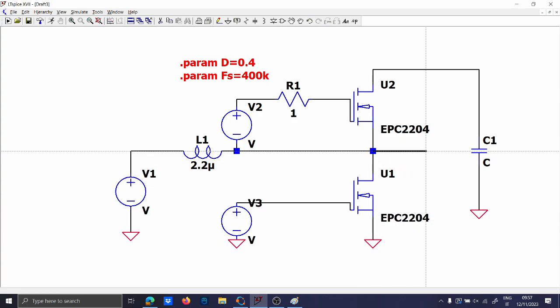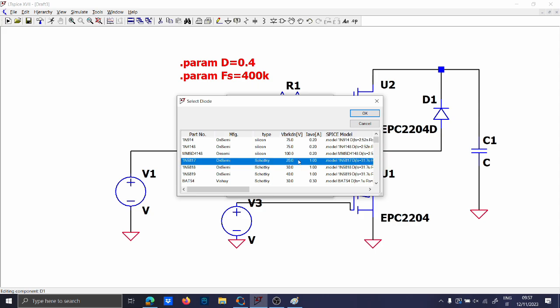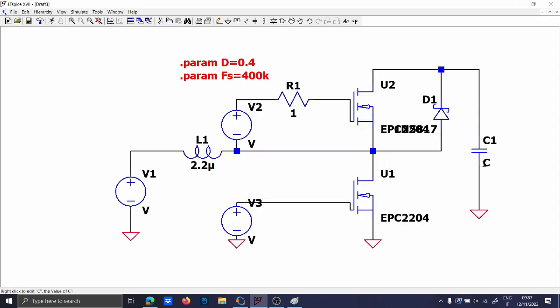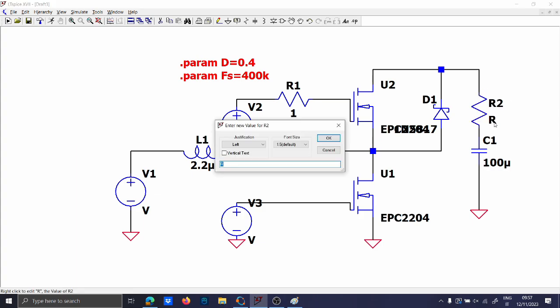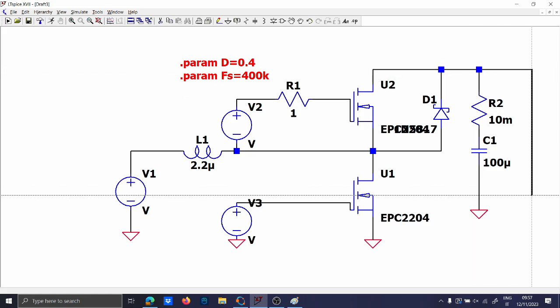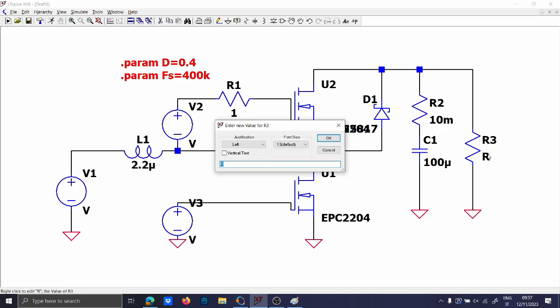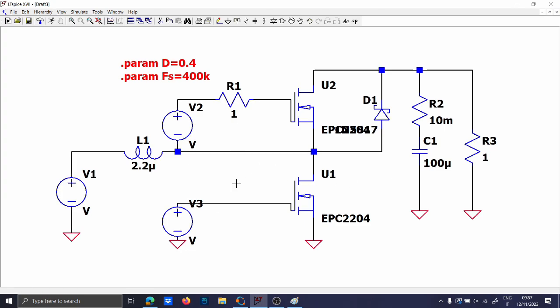And as I said before, we will add this diode here, a Schottky diode to reduce the drop. It should be enough. And an output capacitor of 100 micro with, I don't care about ESR, so let's put a milliohm just to reduce the ripple, sorry, to reduce the inrush. And let's put just 1 ohm as ohmic load, the same gate resistor for both of them.